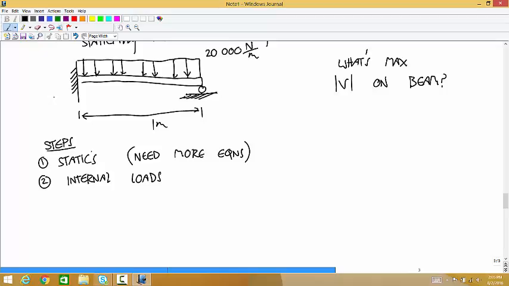Do the internal loads. After the internal loads, we use our formula, then we find the deflection. So the deflection is equal to M over EI.